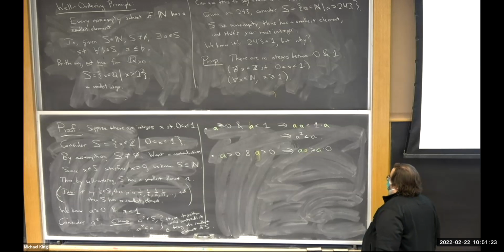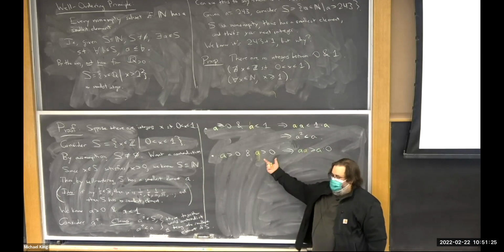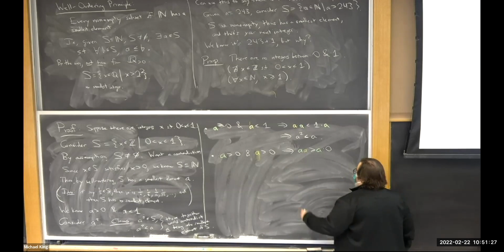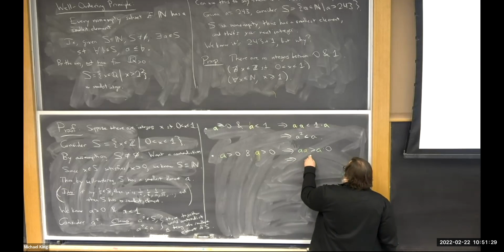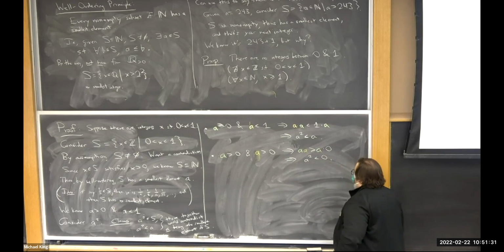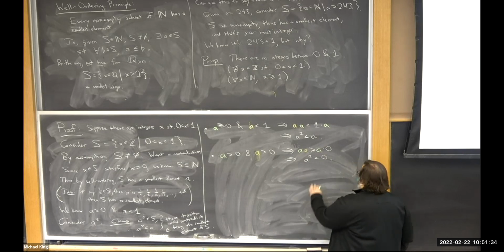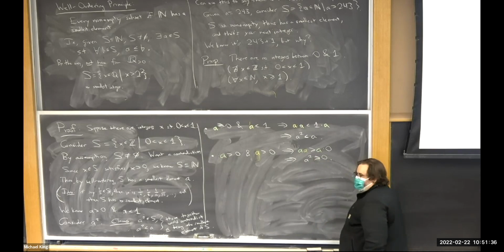Multiplying that first A by both sides of the second inequality. Implies A squared is greater than 0. So, nope, that's wrong.